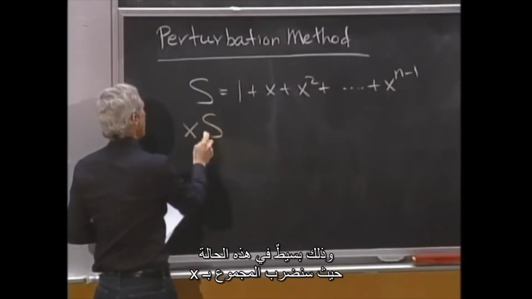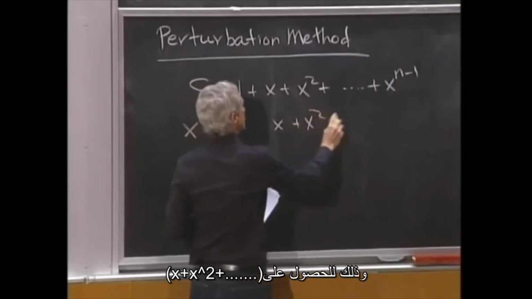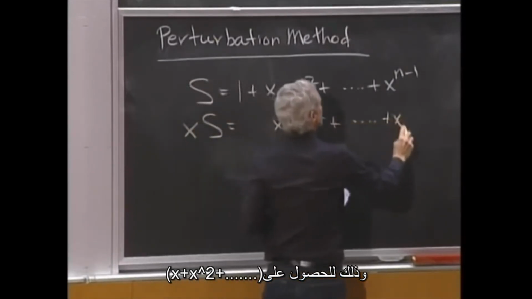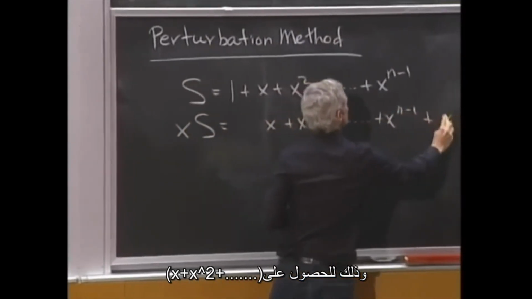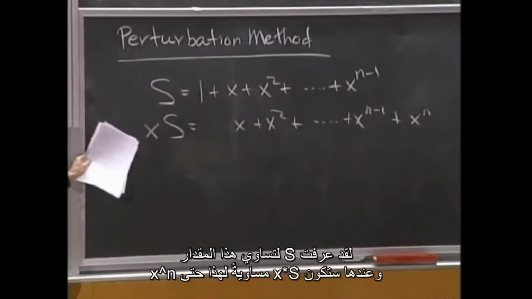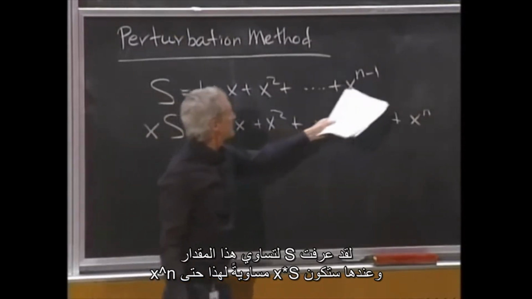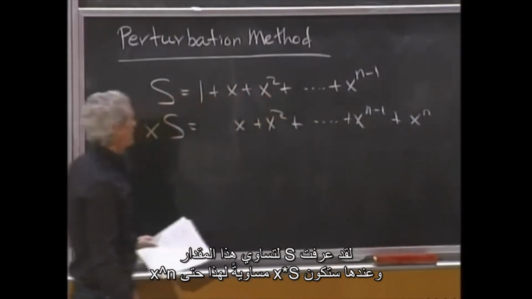We multiply the sum by x to get x plus x squared plus ... right? I've defined s to be that. X times s, well, I get x plus x squared and so forth up to x to the n.